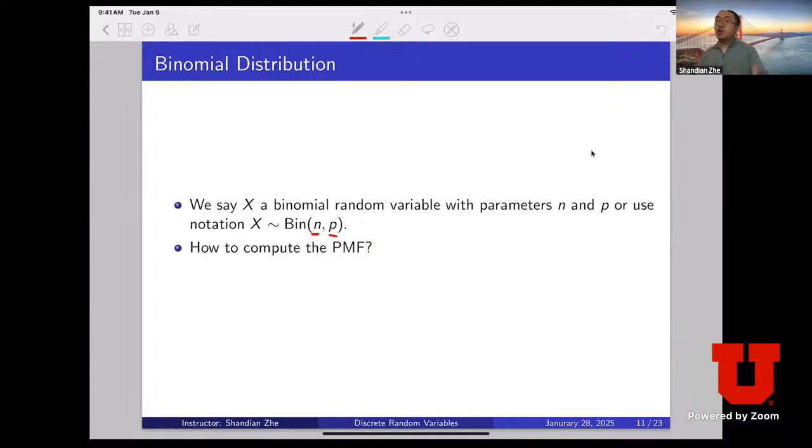How to compute the PMF, right? As we mentioned, X can take value from 0, 1, up to n, right? So then that means we would like to compute the probability mass function value, namely the probability of X taking each possible value, right? X is 0, 1, until n, right?